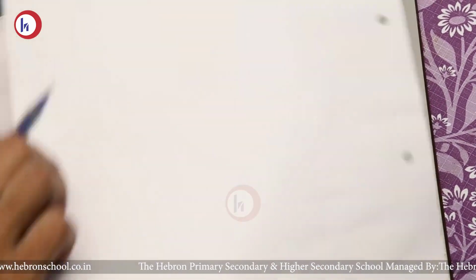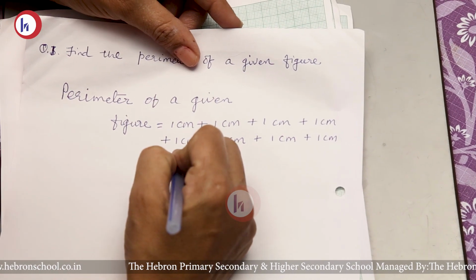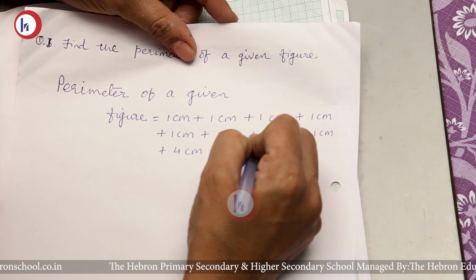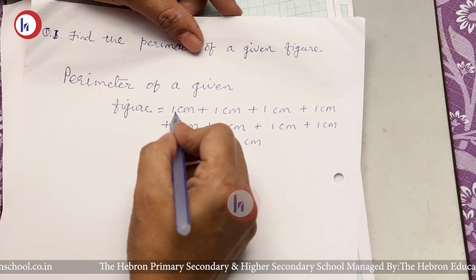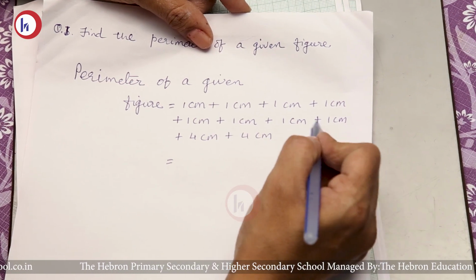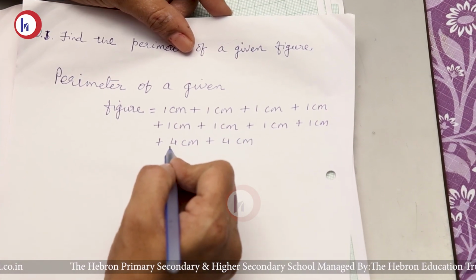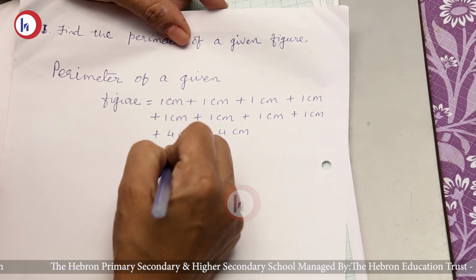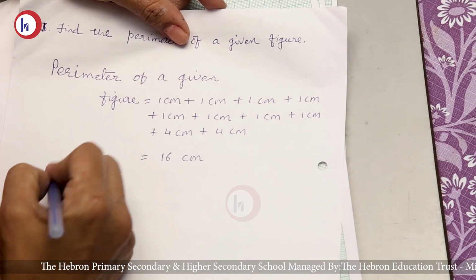Then 2 times 4 centimeter, that is 4 centimeter plus 4 centimeter plus the eight 1s. So is equal to 1, 2, 3, 4, 5, 6, 7, 8. 8 plus 4, 12. And 12 plus 4, 16. That means 16 centimeter.